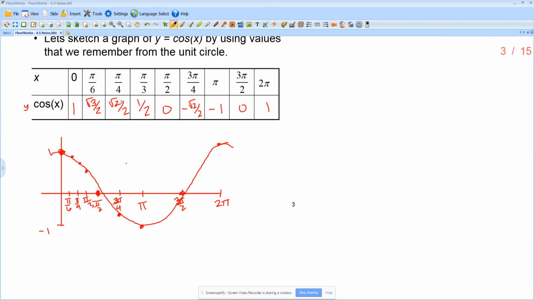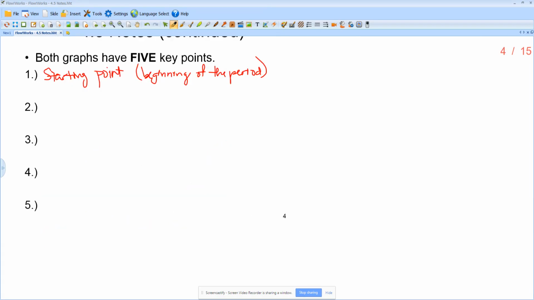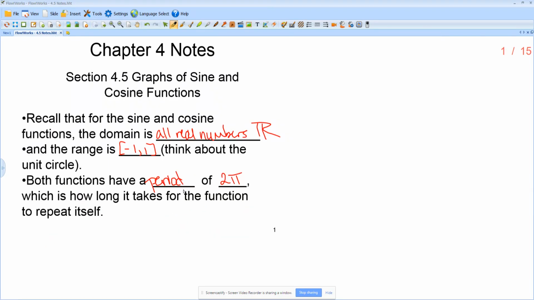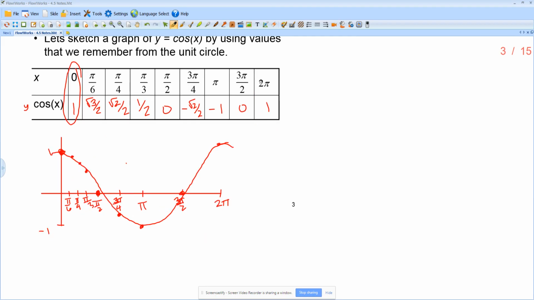In both of these cases, the starting point was 0. The last one is going to be P, where P represents the end of the period. So back 3 slides ago, all the way in the beginning, we said that both sine and cosine have a period of 2 pi. So P, 2 pi, was in our list.